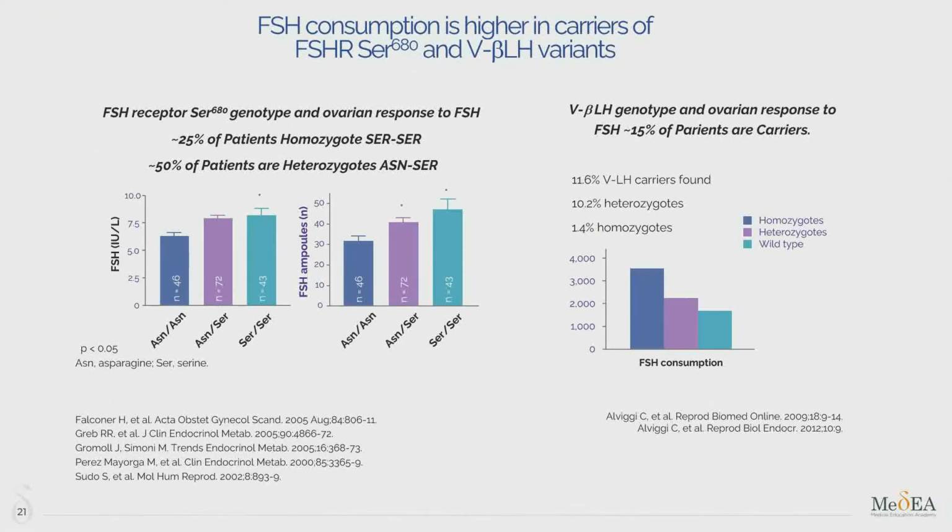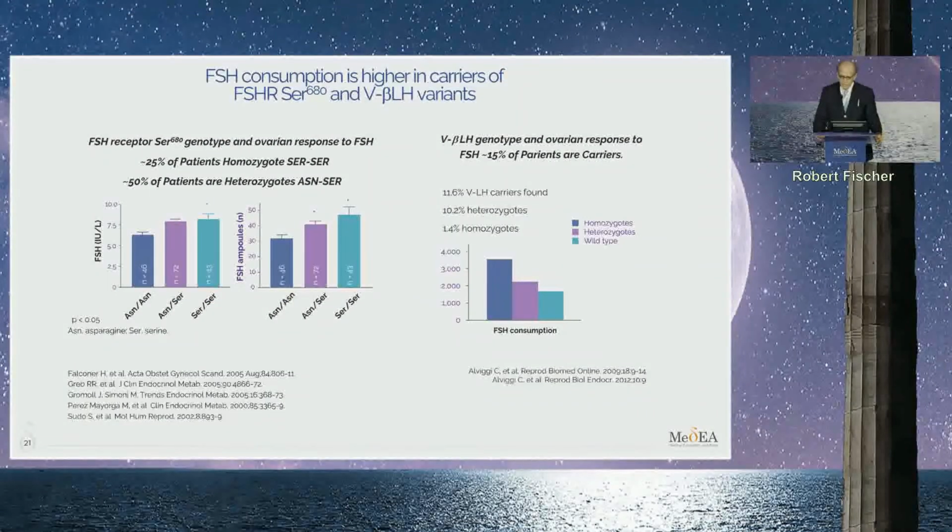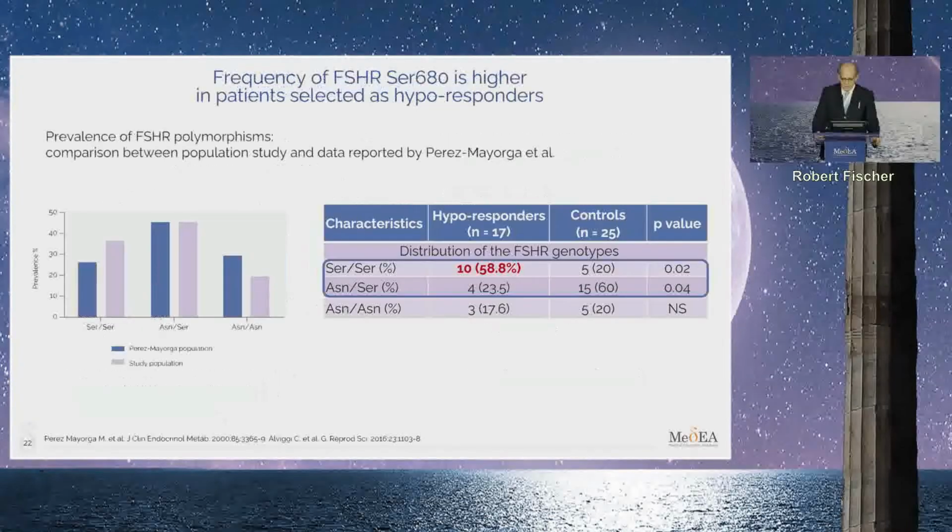And I just showed you a small example: about 25% of patients, especially here in Europe, have a polymorphism of the FSH receptor, serine, which will affect your stimulation, or the variant beta LH, a polymorphism of the molecule, in about 15%. So 1 in 6 patients can be affected by this different LH molecule, and it will of course influence the stimulation and the outcome of the stimulation.